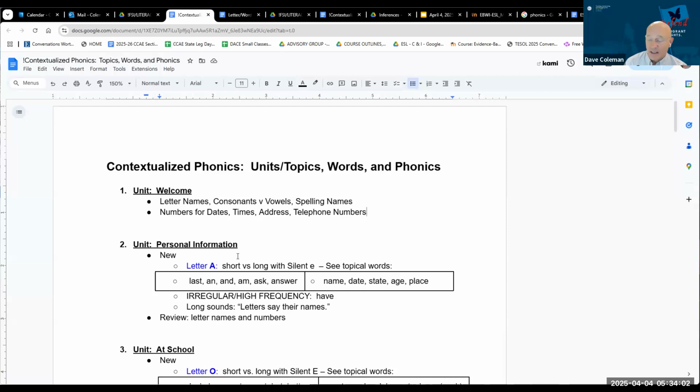Then the Friends and Family unit is lowercase letters, but you can look at that. You could do both. The workbook has a lot of writing of the letters and students need that. I think this is a great support for when you need to differentiate.